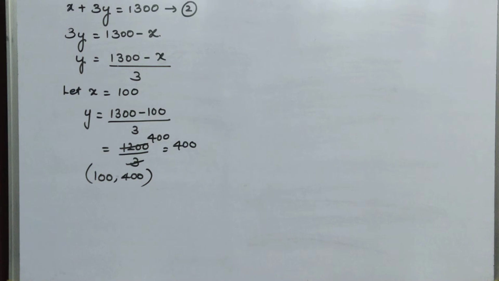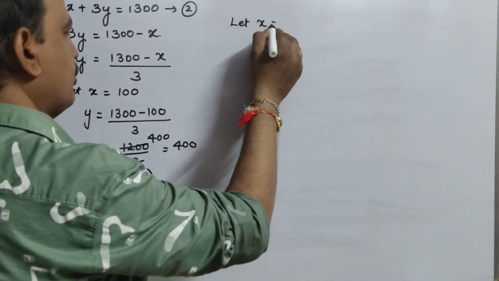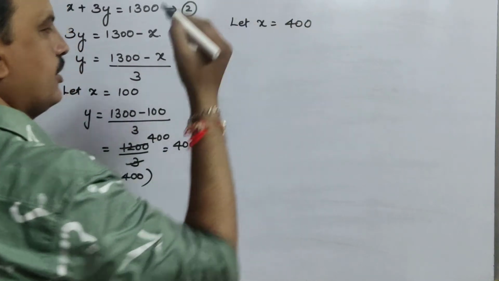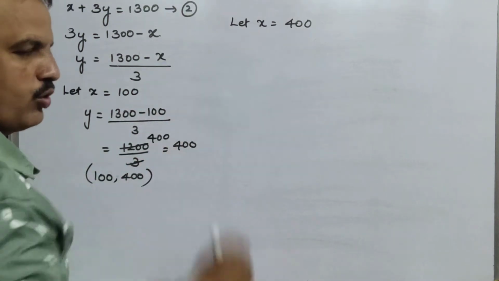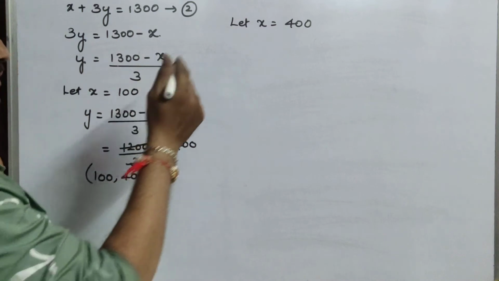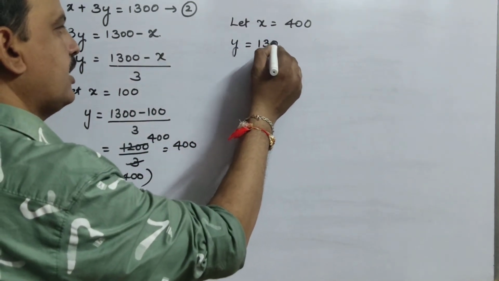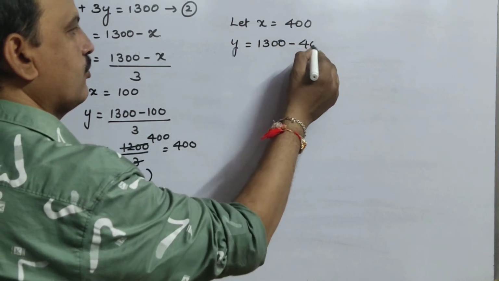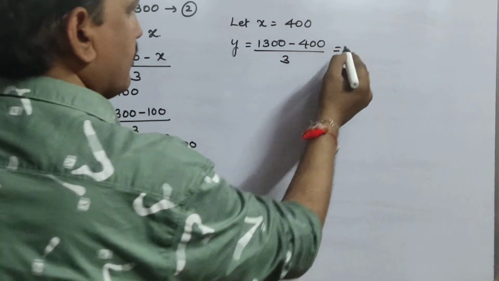Okay. Next, let x equals 400. If you consider 400, what will happen? 1300 minus 400 is 900. So 900 will be divisible by 3. So y equals (1300 minus 400) by 3.